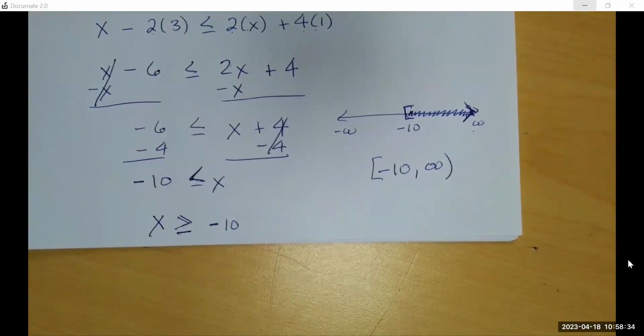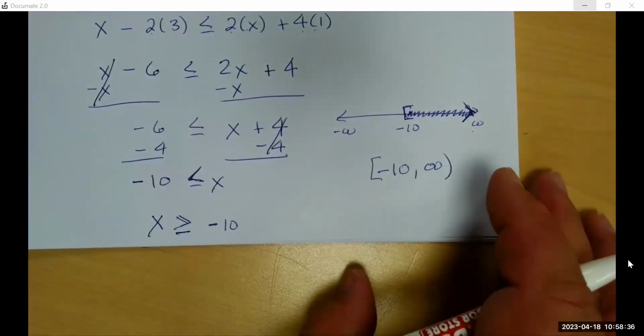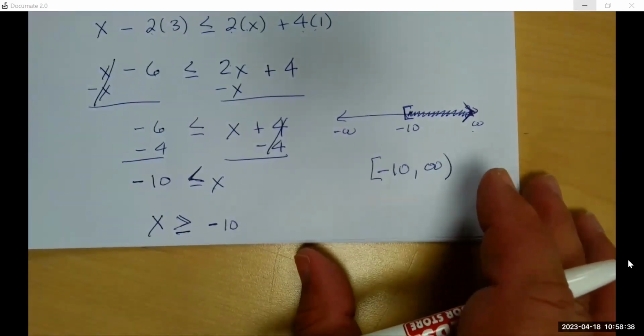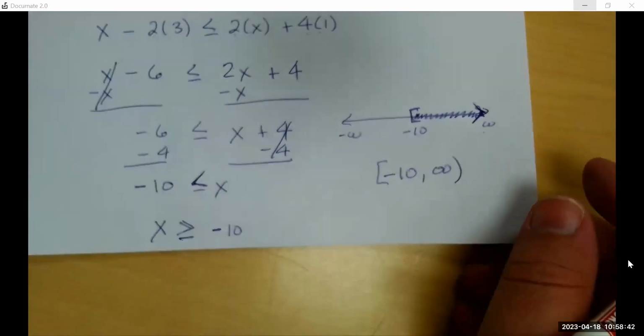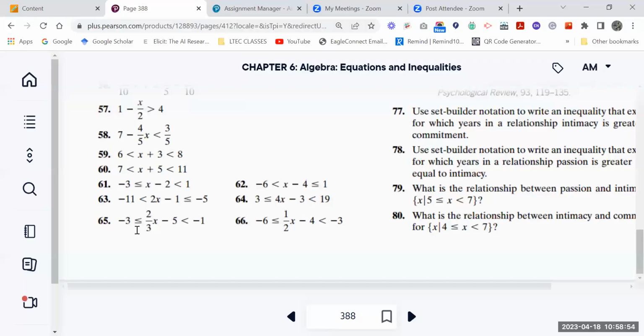All right, there's one more type of inequality that we have to look at. They're called tripartites. We have 3 parts. What if our inequality looked like number 63?